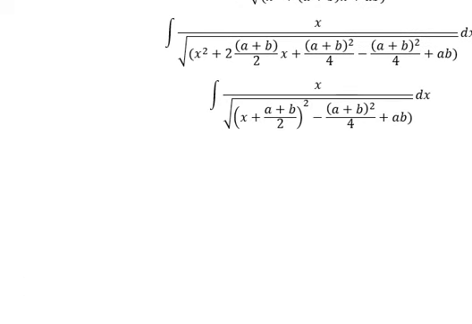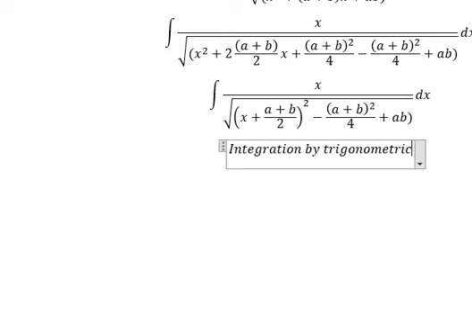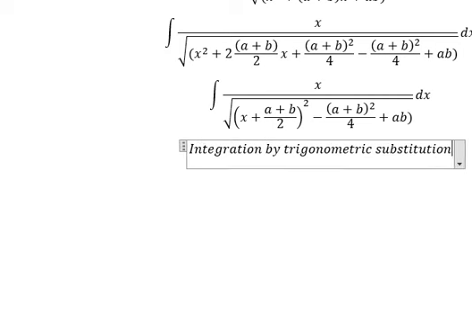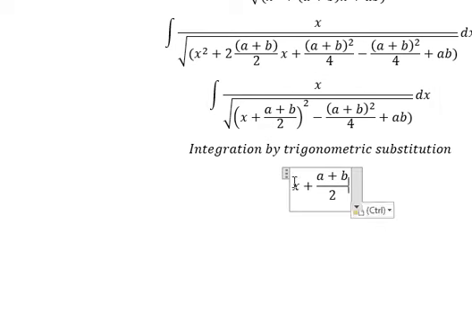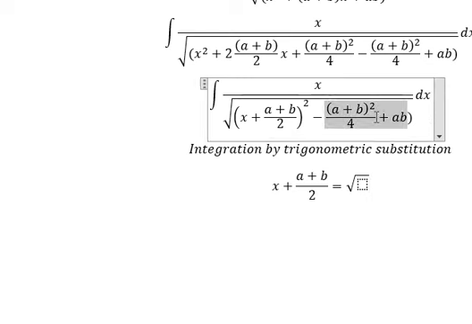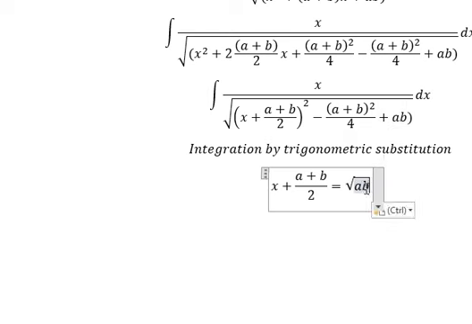So we can use integration by trigonometric substitution. So I will put this one equals to the square root of ab minus this one.